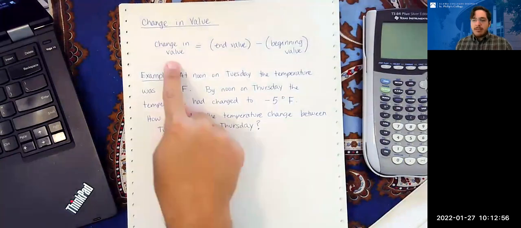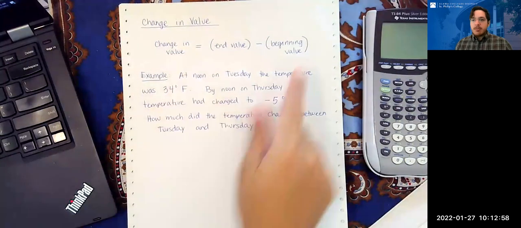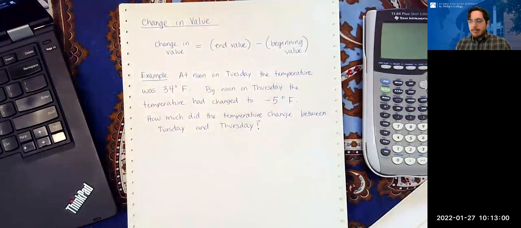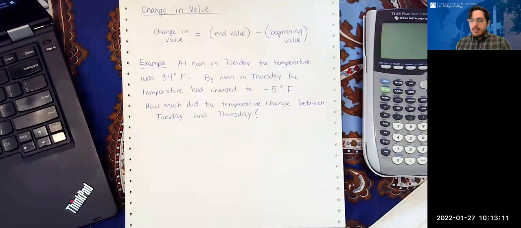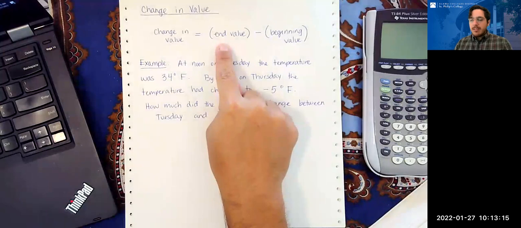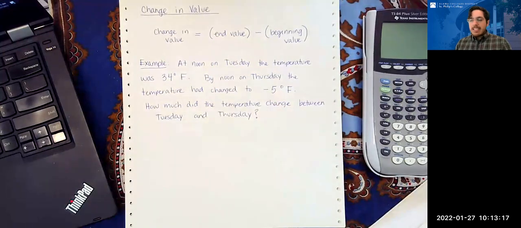So if I were to take the information given and write it as a subtraction problem, how would I do that? 34 degrees minus 5 degrees. Well, be careful. 34 degrees minus -5. Oh, we have to be very careful. What is the ending value? 34. Is that the ending value, or is that the value in the beginning of the week?